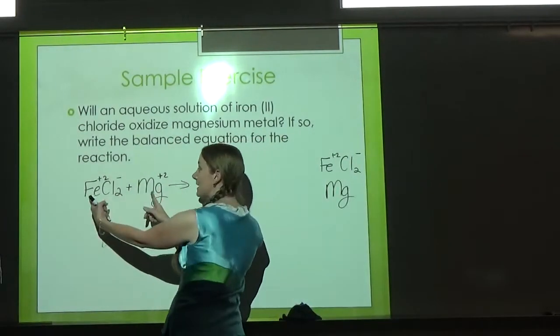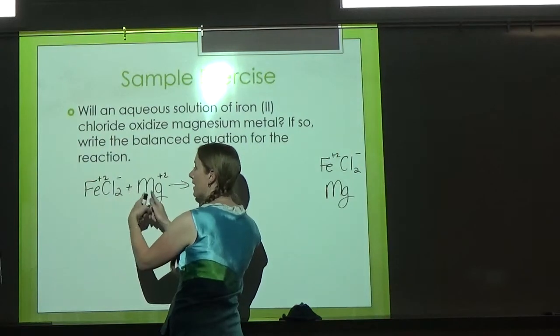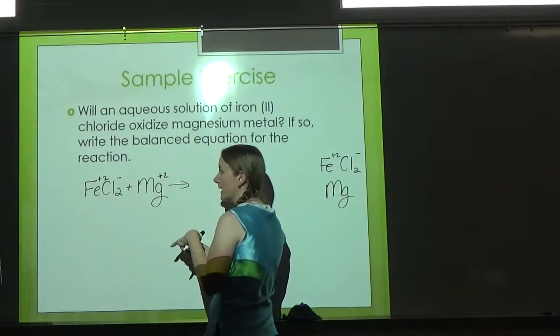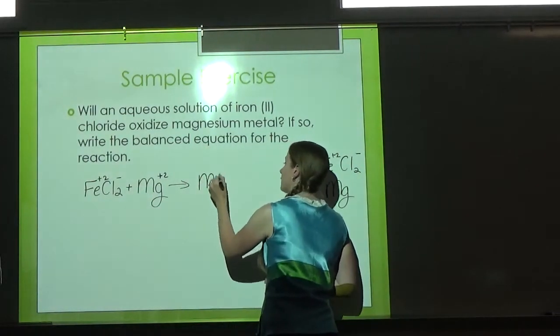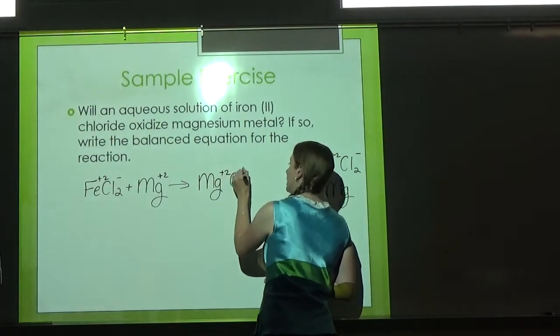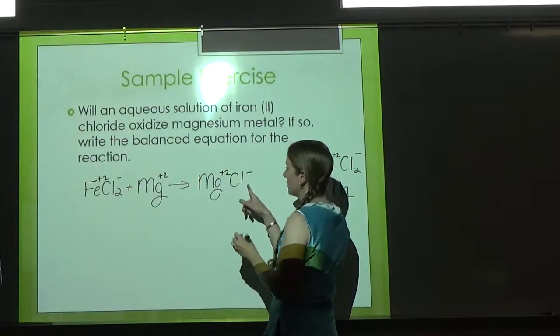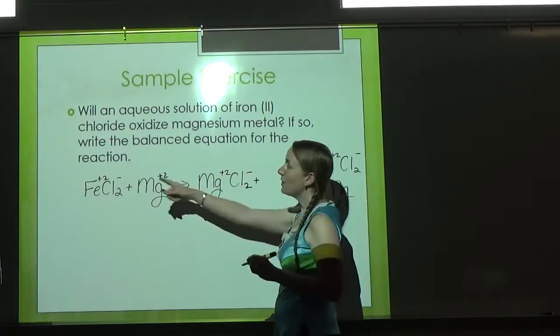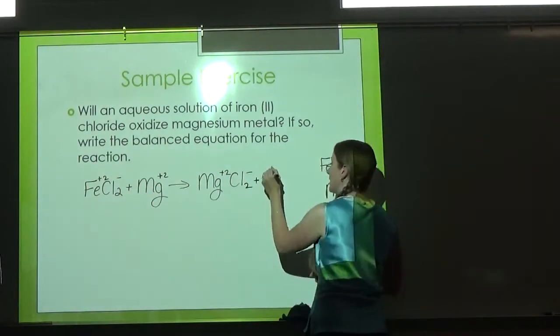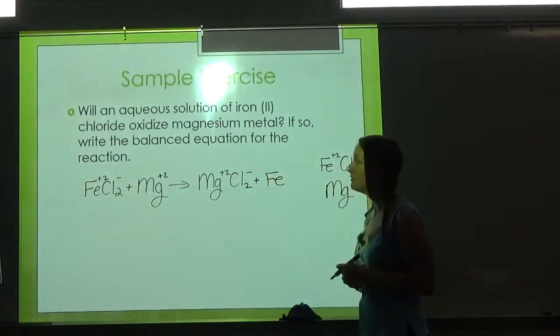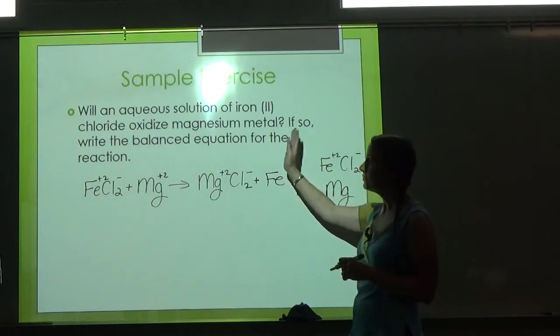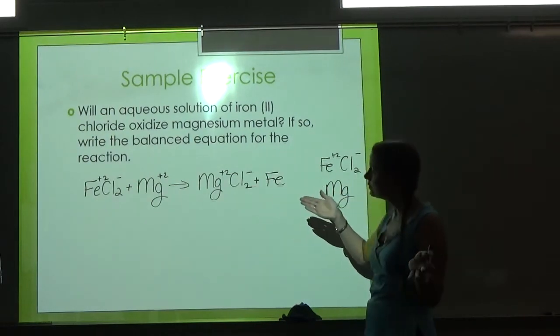So we can see magnesium and iron can't bond because they're both positive. Magnesium is going to bond with chlorine. So magnesium is going to come first because it's the positive. Chlorine is -1, so it's going to need the 2. And now iron is going to be by itself. Iron is not a diatomic, so it's just going to be Fe. And then it says write the balanced equation, but it's already balanced, so I don't even have to do anything.